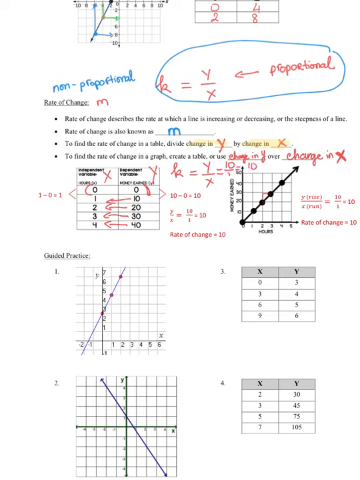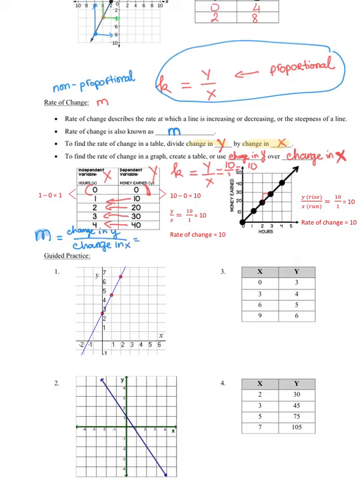However, you can use m in this case. I'm going to show you in blue. So m will be the rate of change. So we're going to find the change in y, put it over the change in x.